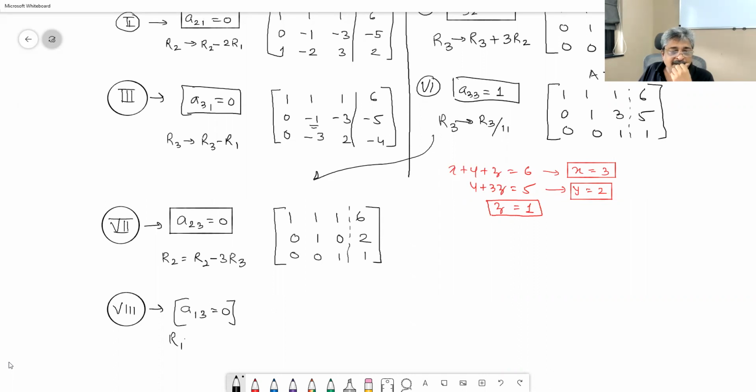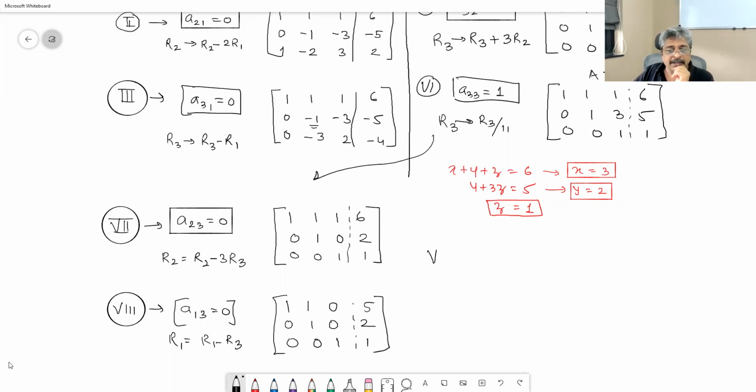R1 is equal to R1 minus R3: 1, 1, 0, 5; 0, 1, 0, 2; 0, 0, 1, 1. Okay.